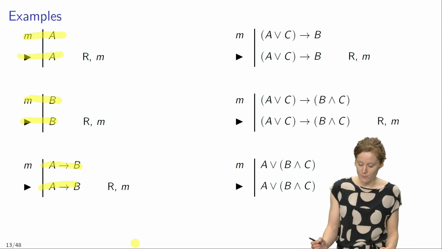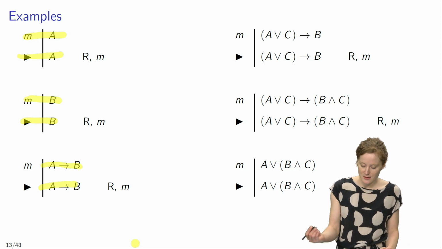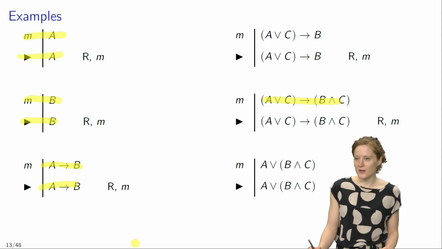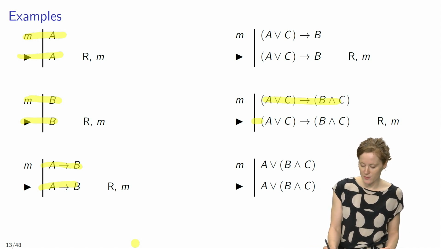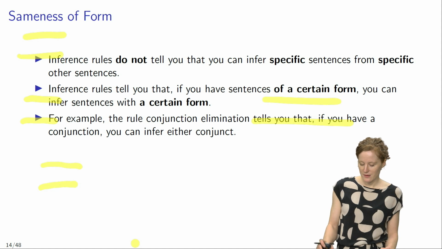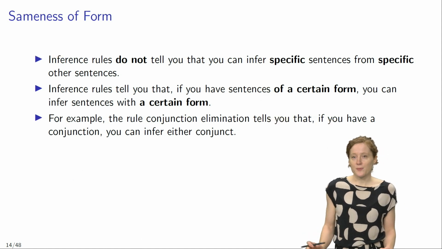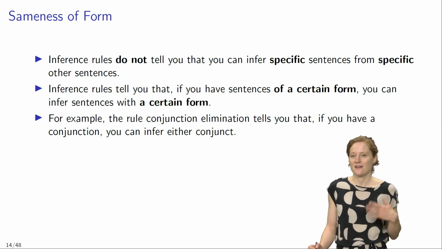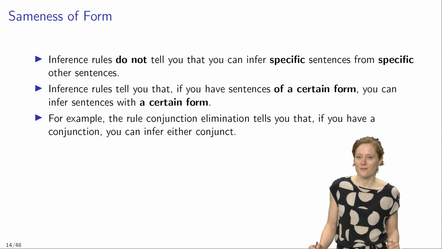So here are even more complex examples. Say you have the sentence, if A or C, then B and C. You can repeat this sentence at any later point in your proof and cite the rule reiteration. So the upshot here is that inference rules do not tell you that you can infer specific sentences from specific other sentences.